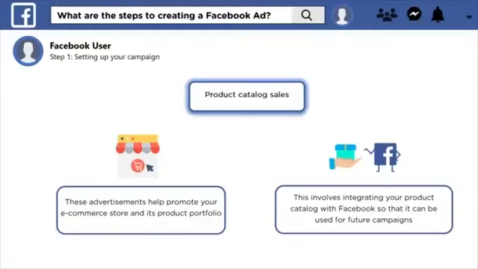They are probably going to choose product catalog sales because it will help push traffic to the store and get somebody to convert, either for a particular product or by looking at other product categories and buying something there. So product catalog sales are really great for campaigns when you're looking for sales.